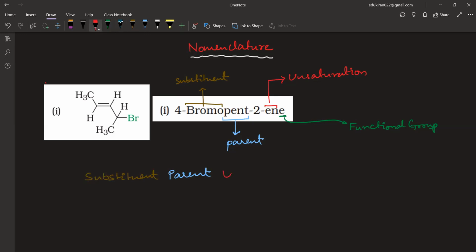We'll be talking about unsaturation. And at last, you will be talking about the functional group. लेकिन जो नामकरण होता है, the process of naming, it starts with functional group, then it goes to unsaturation, then it goes to parent, then it goes to substituent. ठीक है? Please याद रखिएगा.